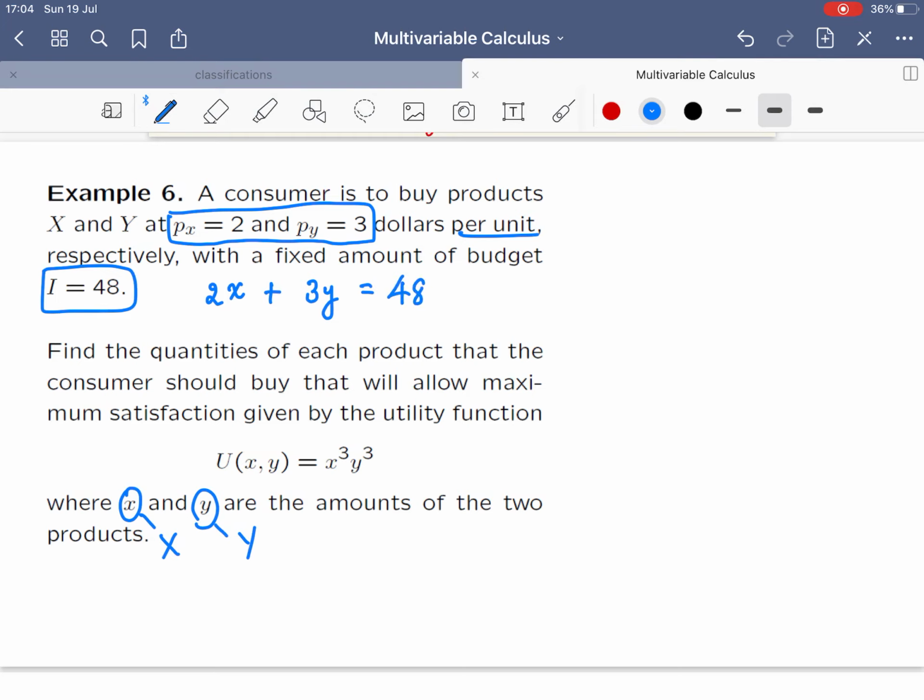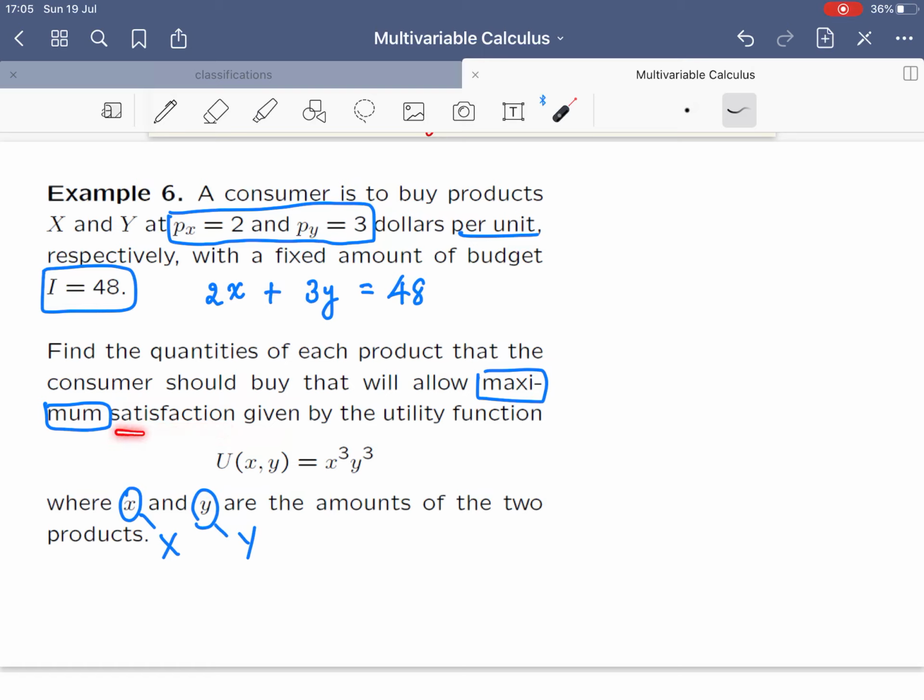But we are again going to find some kind of maximum. So we are going to spend all the budget. All you need to find is, of course, the quantity of each product, so the small x and y that we should buy, so that it allows maximum satisfaction.